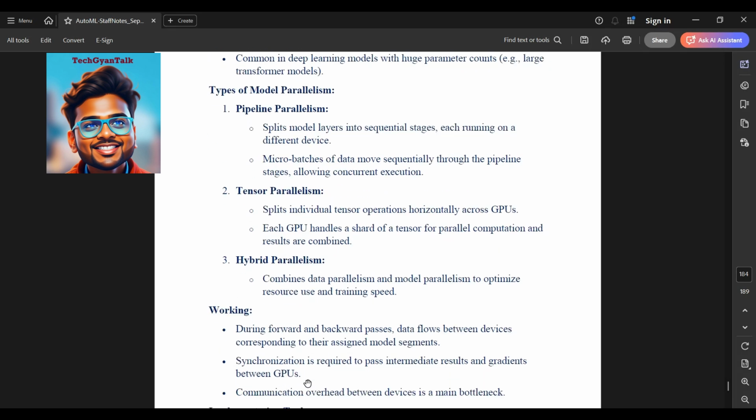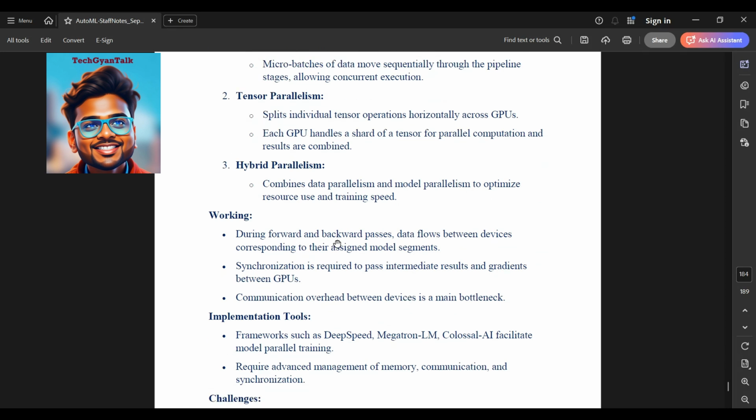Hybrid parallelism combines data parallelism and model parallelism to optimize resource use and training speed. During forward and backward passes, data flows between devices corresponding to their assigned model segments. Synchronization is required to pass intermediate results and gradients between GPUs.